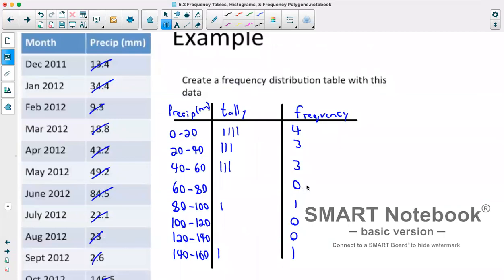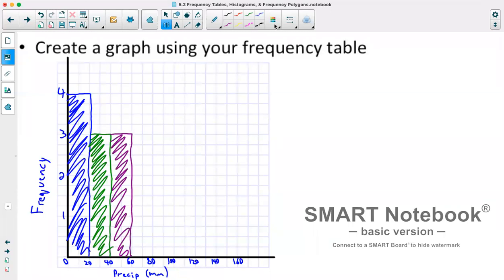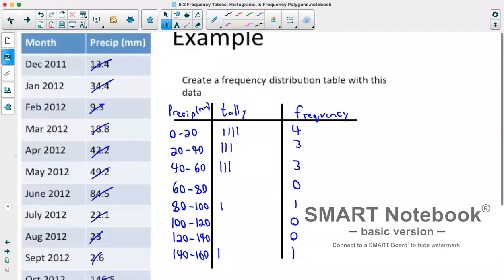Next one, 60 to 80, we had 0. Then 80 to 100, we had 1. Then we had 0 for 100 to 120 and 120 to 140.